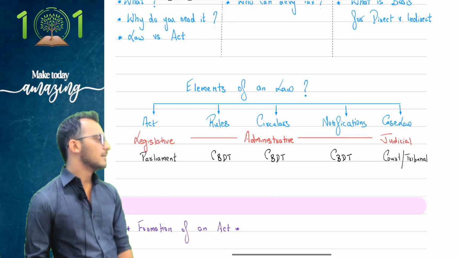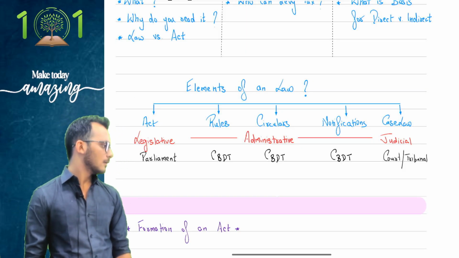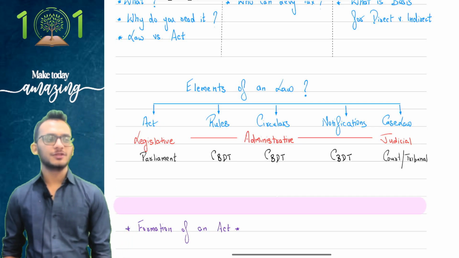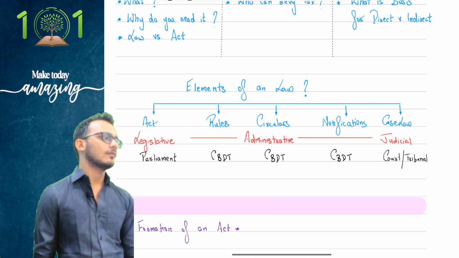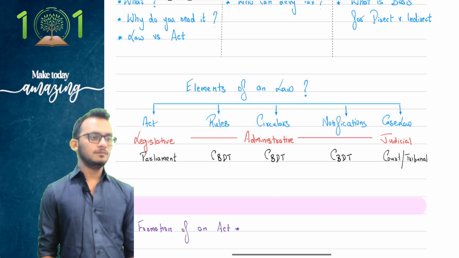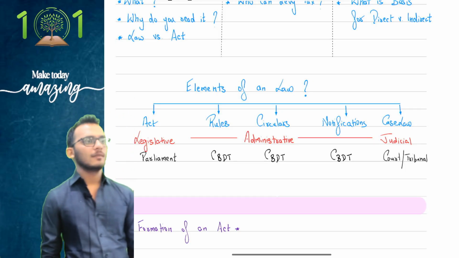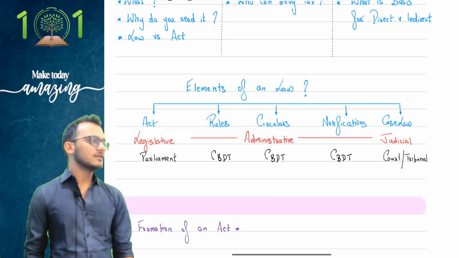Rules are with the administrative body. Circulars and notifications also go to the administrative body, and case laws are with the judicial body. Yes, amazing. With this, people, we're going to start doing everything one by one.